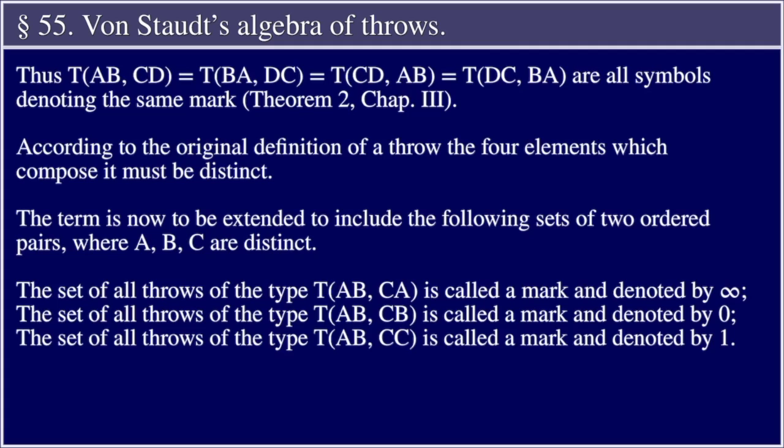The term is now to be extended to include the following sets of two ordered pairs where A, B, C are distinct. The set of all throws of the type T(AB, CA) is called a mark and denoted by infinity. The set of all throws of the type T(AB, CB) is called a mark and is denoted by 0. The set of all throws of the type T(AB, CC) is called a mark and is denoted by 1.